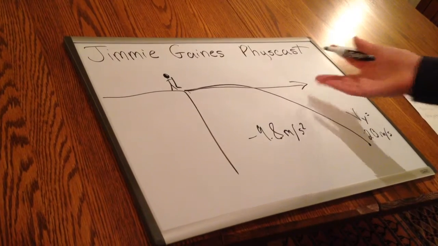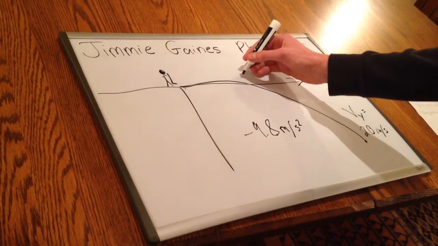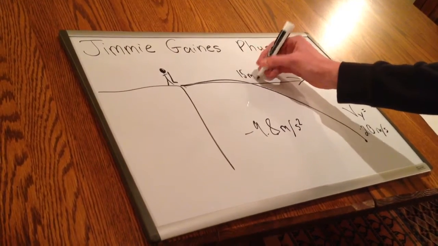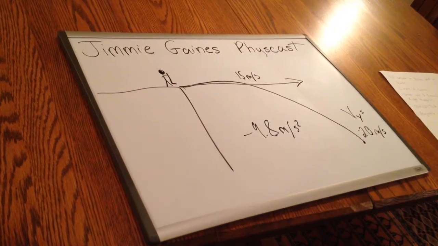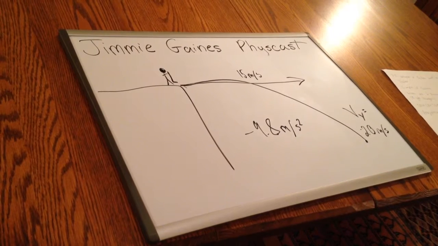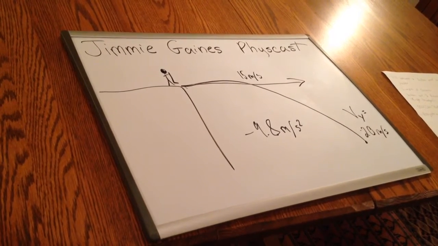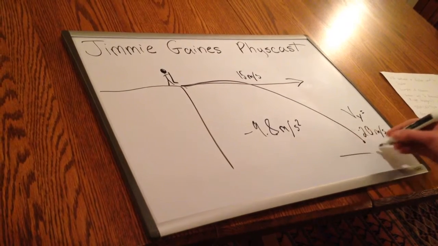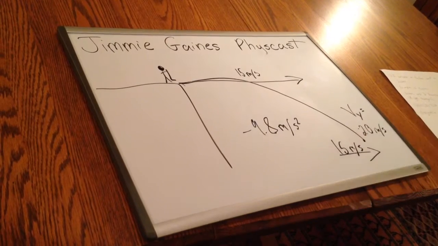So we have our vector here. So our starting velocity, say it's 15 meters per second. At the end, even when we seem to be traveling downward at a very high speed, such as negative 20 meters per second in the y direction, still in the x direction, we will have a velocity of 15 meters per second.